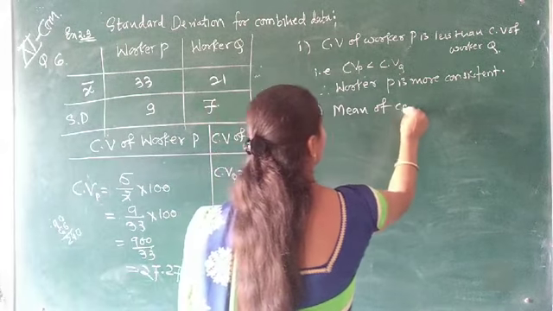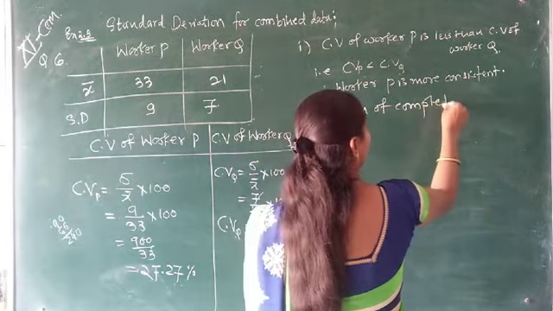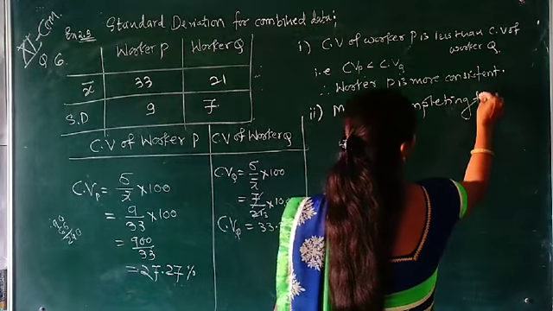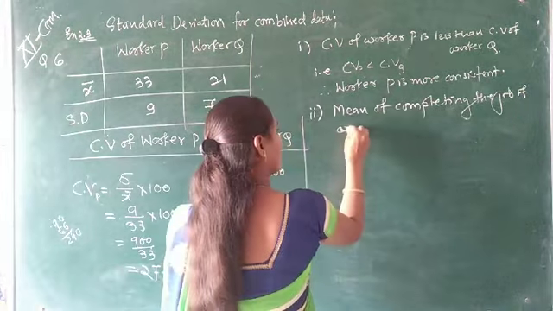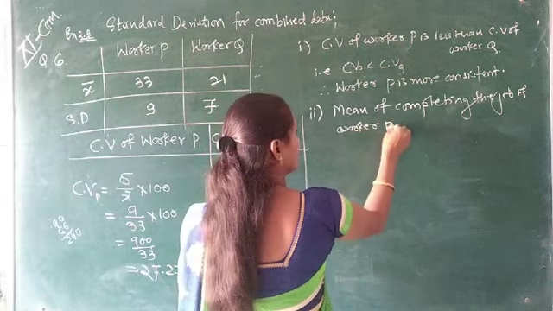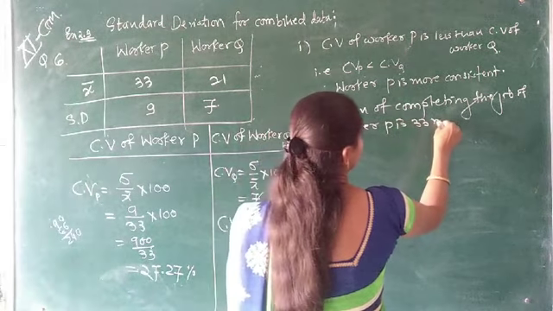the mean of completing the job. Mean of completing the job of worker P is 33 minutes.